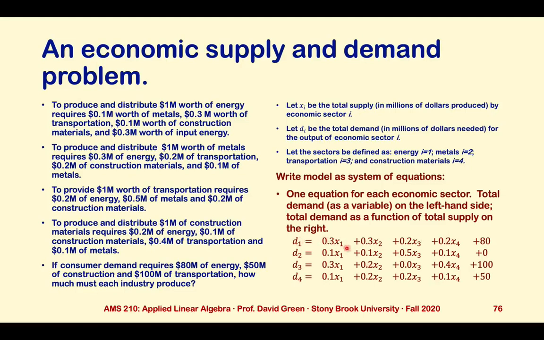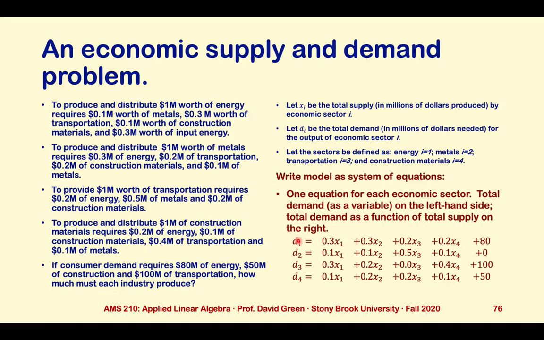On the right-hand side, we're going to write the total demand as calculated from the total supply. So what is the total demand for Sector 1? Well, there are demands from 4 different sources, plus a consumer demand.